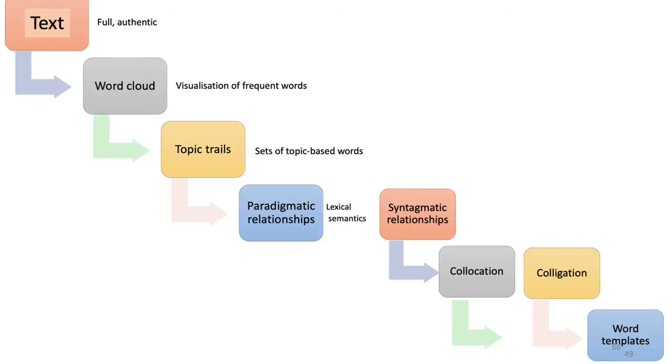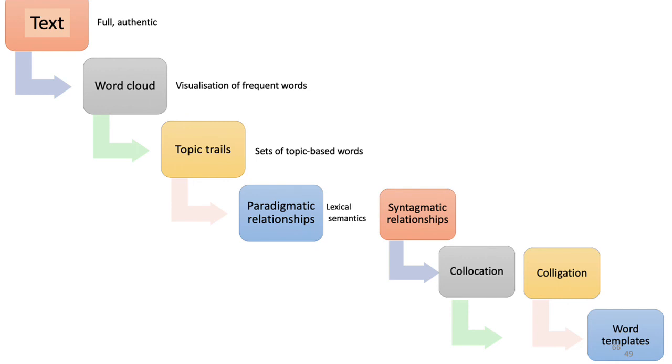So what we're talking about is taking a text and making a word cloud out of it, and we've seen many different tasks and questions which can be asked of different types of word clouds. We can identify the topic trails in the text. We can look at the paradigmatic relationships, and paradigmatic refers to things such as synonyms, antonyms, hyponyms, homonyms, meronyms.